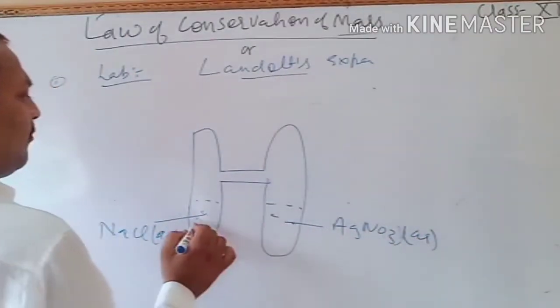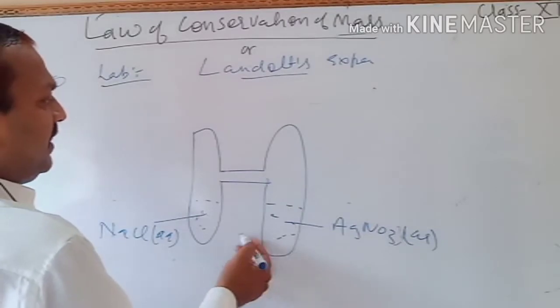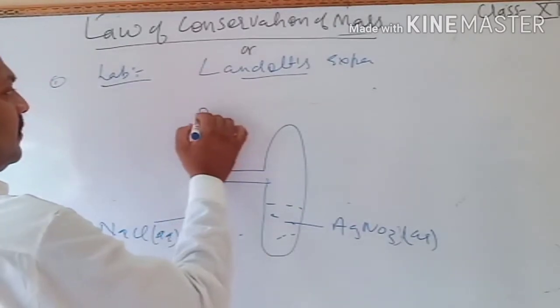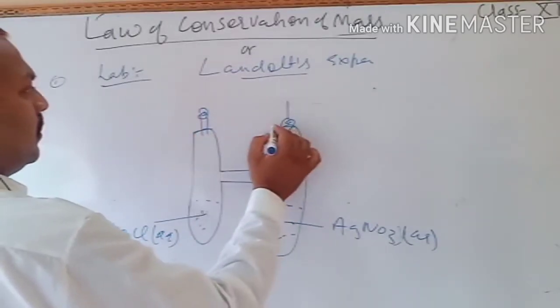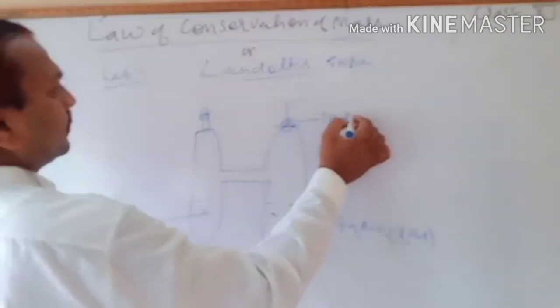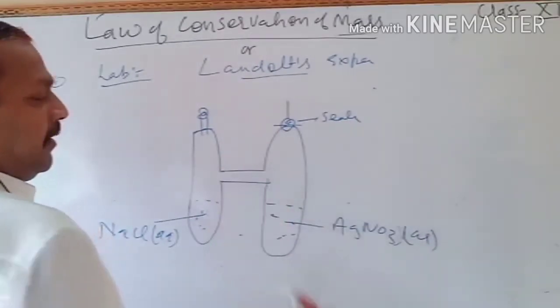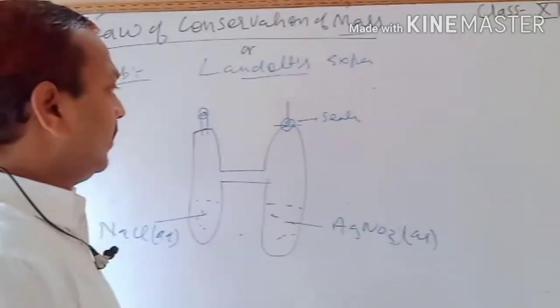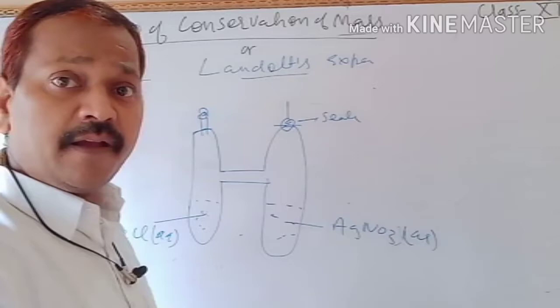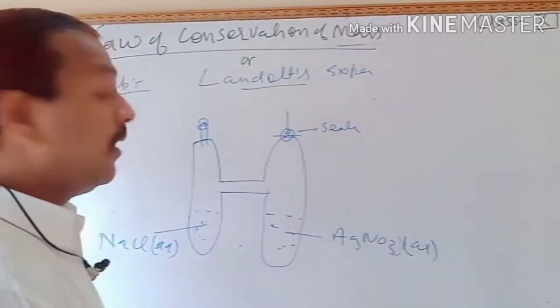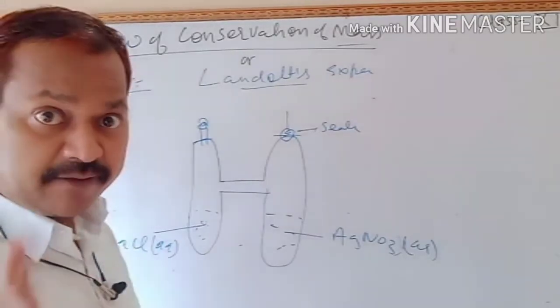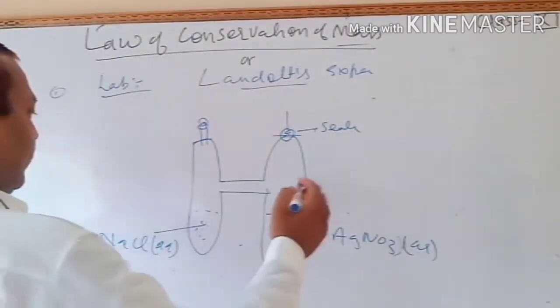So the left limb and right limb contain the reactants. Now it is closed, sealed. After sealing, invert it and mix up. After mixing, you will see a white color appears. A precipitation reaction is there. So children, see the chemical reaction.